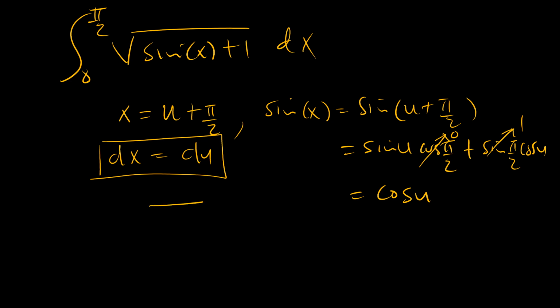However, looking at the limits, moving from x to u, when x is 0, u is 0 minus pi over 2, so this is going to be negative pi over 2. When x is pi over 2, pi over 2 minus pi over 2 for u is going to be 0.